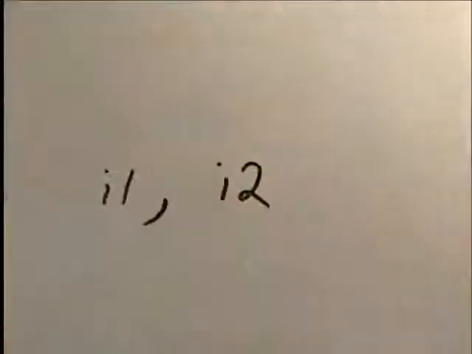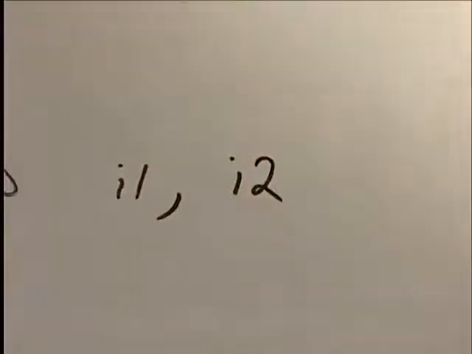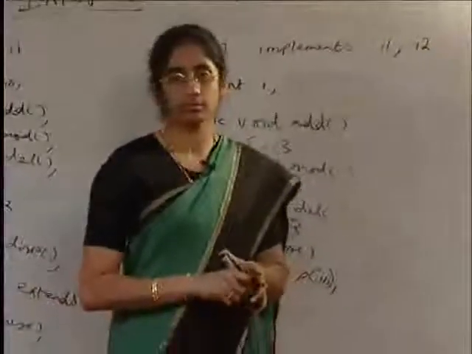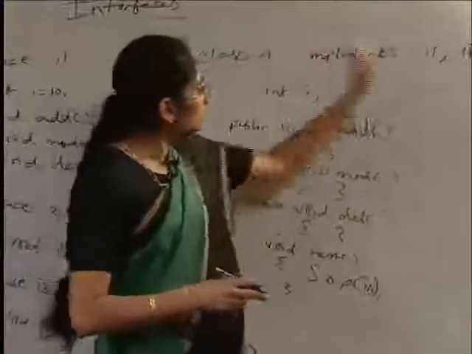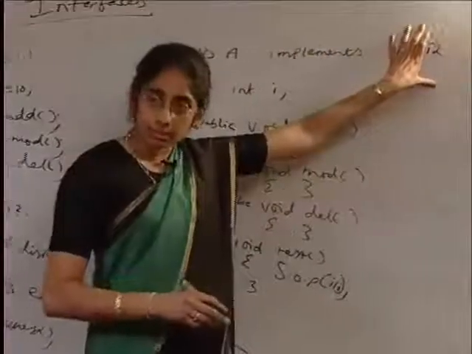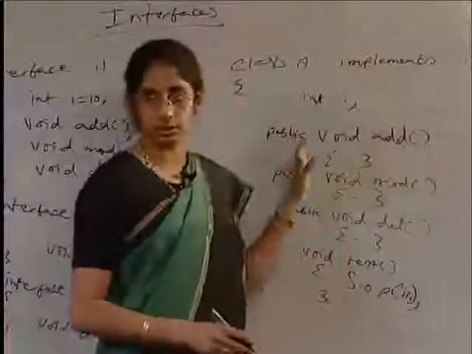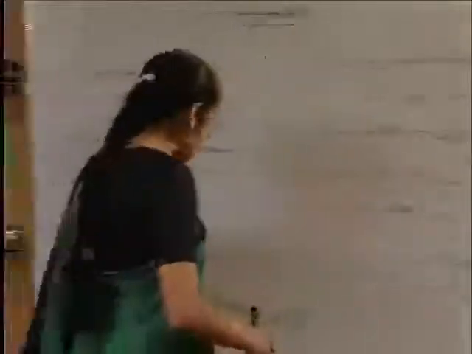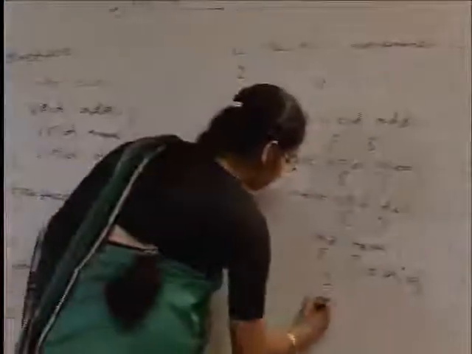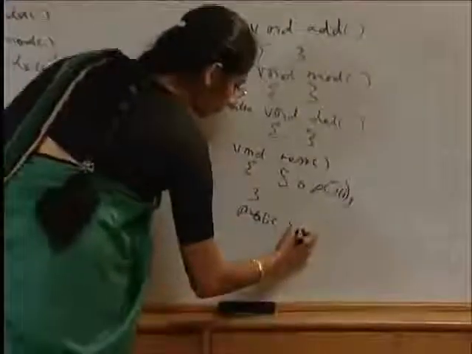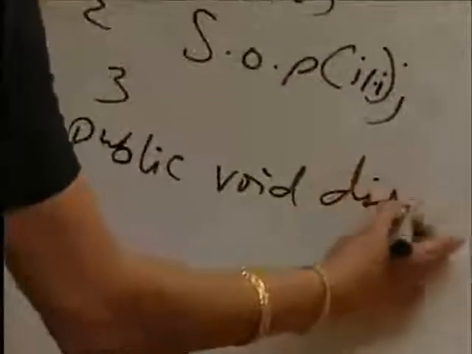A class can implement any number of interfaces just with a comma separator. For all those interfaces that a class implements, the class must implement all the methods of all the interfaces. Which means I need to have a method public void disp here.